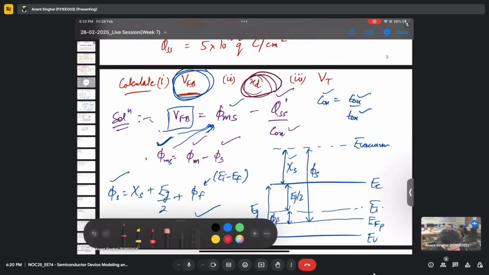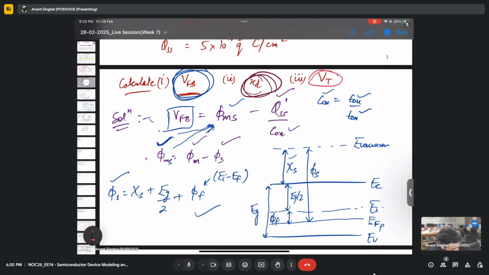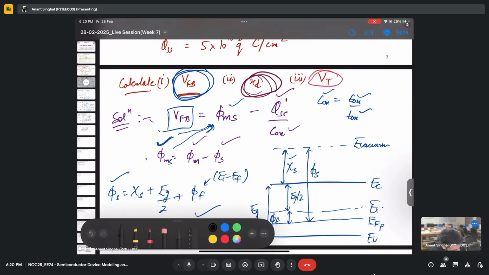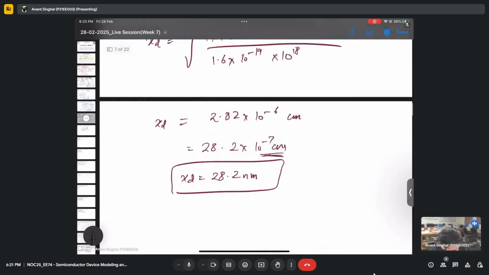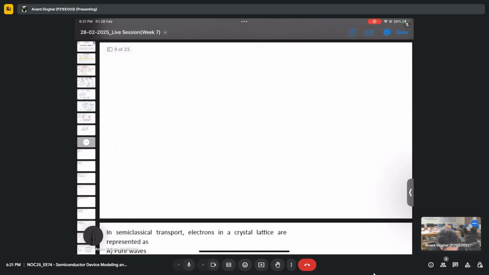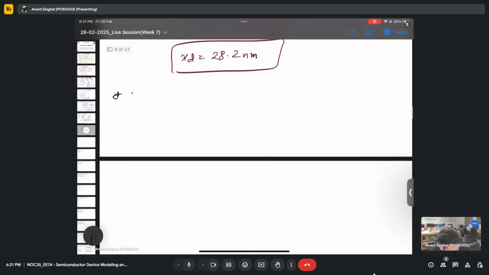Now the third part is the V_T. We did a long derivation in the previous class for V_T, and we got to know that V_T is nothing but, if you remember, V_FB plus Q_depletion by C_ox plus 2 phi_f.